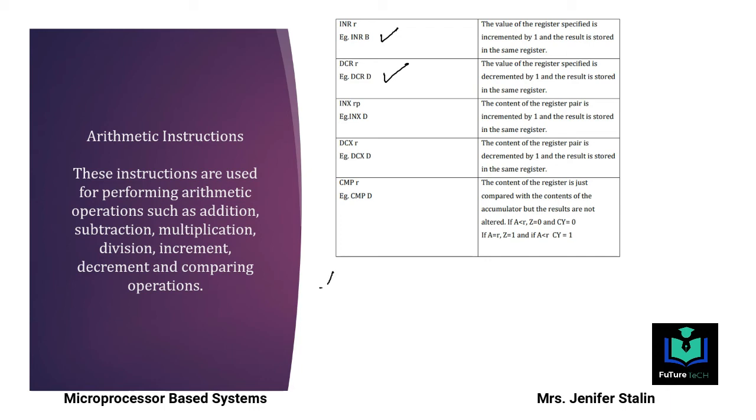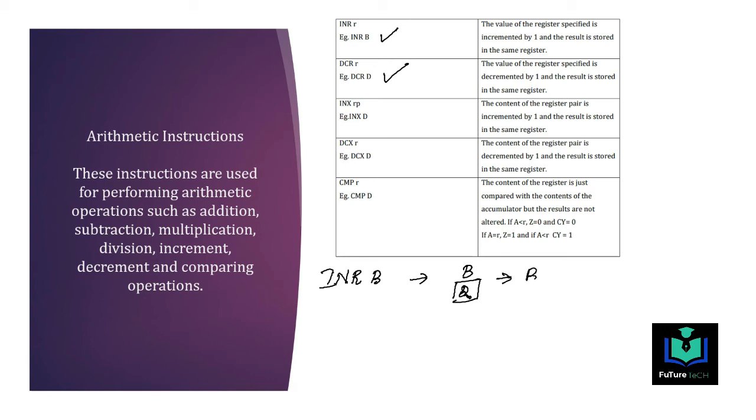The example is INR B. It says the content which is present in the B register is incremented by 1 at the end of this operation. Let's say before execution the register B contains 2; at the end of the increment operation the register B is loaded with 2 plus 1, which is 3.